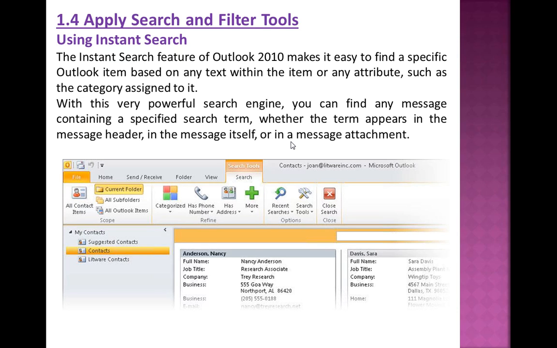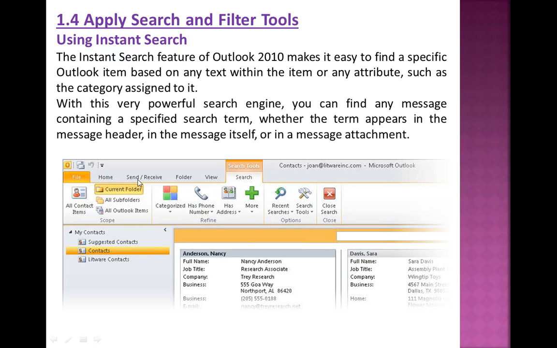With this very powerful search engine, you can find any message containing a specific search term, whether the term appears in the message header, in the message itself, or in a message attachment. Means this paragraph says you can search the items, you can search the mail, you can filter the mail in Outlook 2010 by simply clicking on the search button.